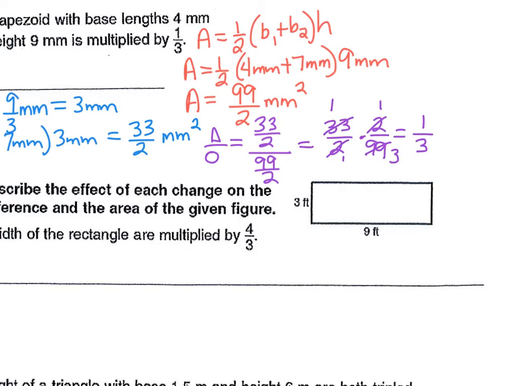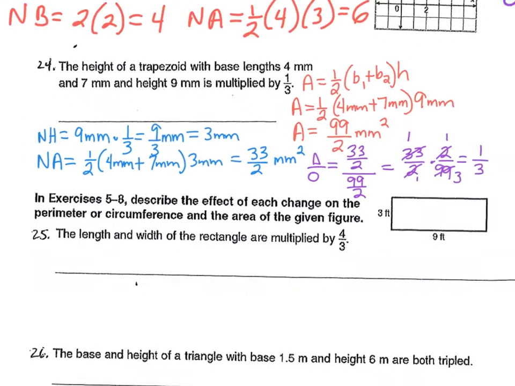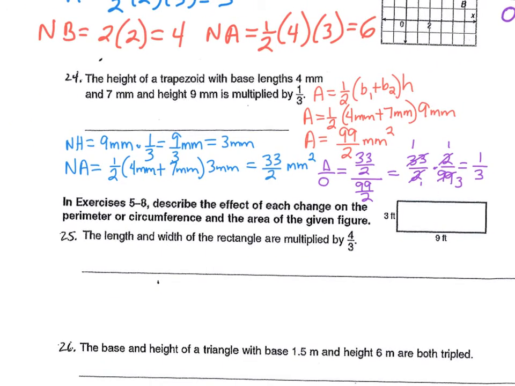So therefore, my conclusion should be what? What happened to the area? Oh, the height is multiplied by 1/3. If the height is multiplied by 1/3, the new area is going to be multiplied by 1/3, okay? Which is what you had here. This is 1/3 of this right here when we did the comparison. So let me put the conclusion.